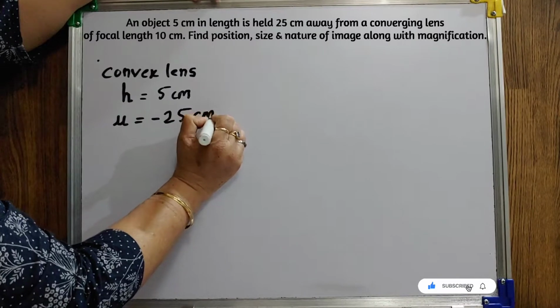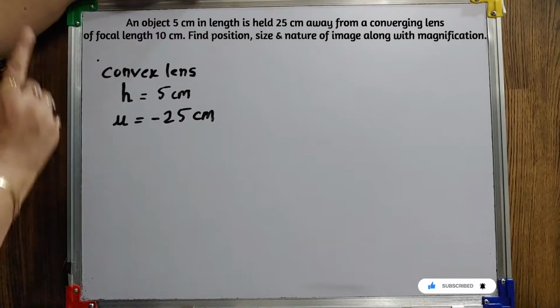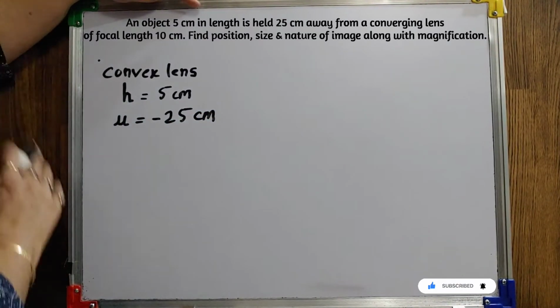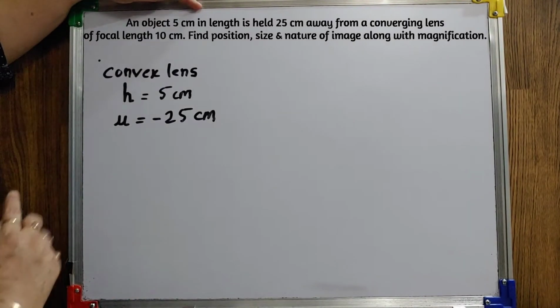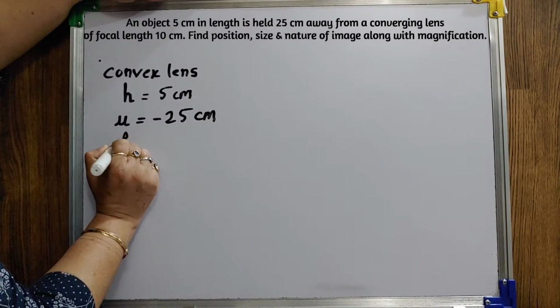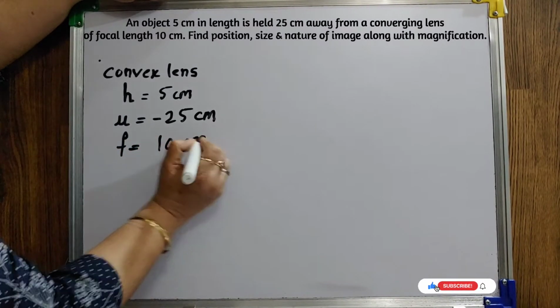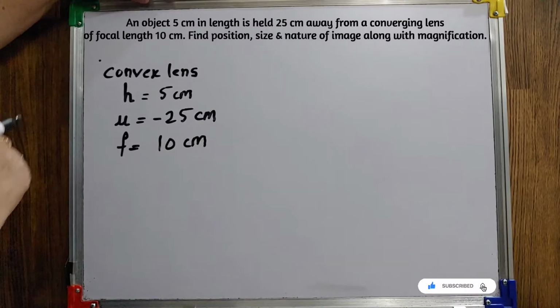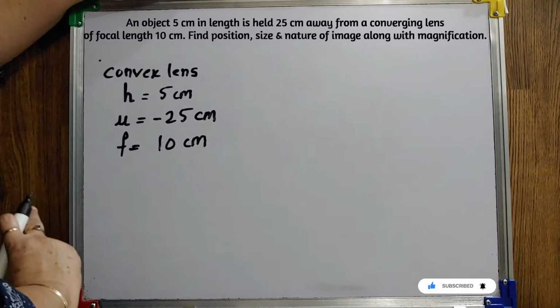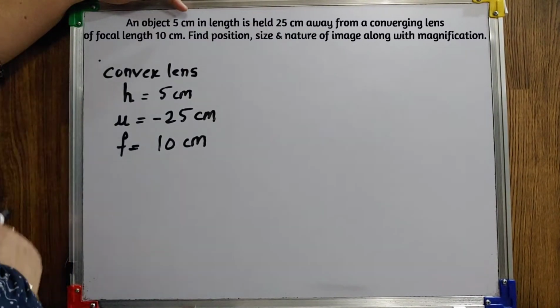You have to decide the negative sign by yourself, I have already done the concept. Now the focal length: you know the focal length of a convex lens is positive, so I will take 10 centimeter. Now you have to find the position, size and nature of the image along with the magnification.